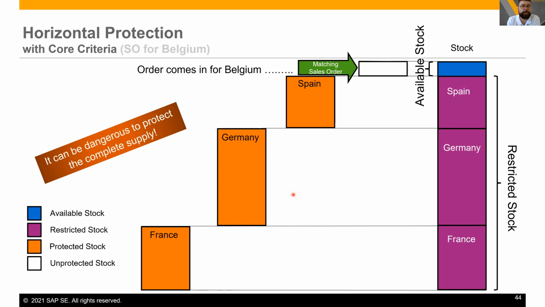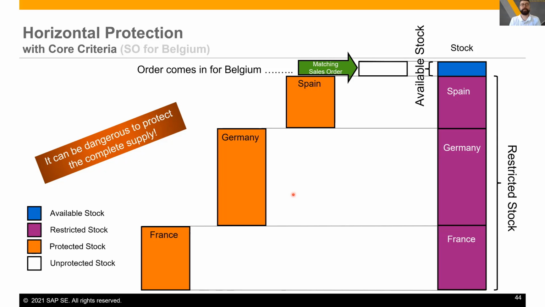So this is a very powerful tool to distribute and protect your supplies and your stock, but it should really only be used to protect a minimum. So what is the absolute lower boundary that a certain customer group or a certain group of requirements should be able to order? So a minimum reservation, and it should not reserve the whole supply.